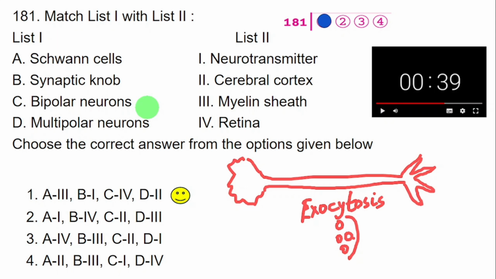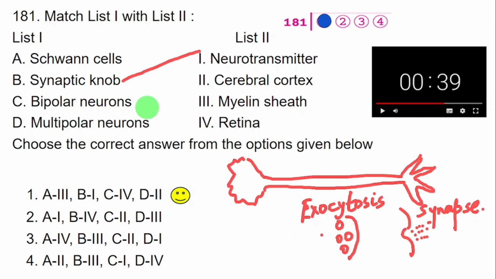That means the vesicle will fuse with the membrane, and this is how they will release. It will look something like this. Now it will release the neurotransmitter in the synapse. So synaptic knob has the vesicles which store the neurotransmitter, and when action potential reaches the synaptic knob, it will cause release of the neurotransmitter. That is why this is a match. Synaptic knob and neurotransmitter, this is a match.